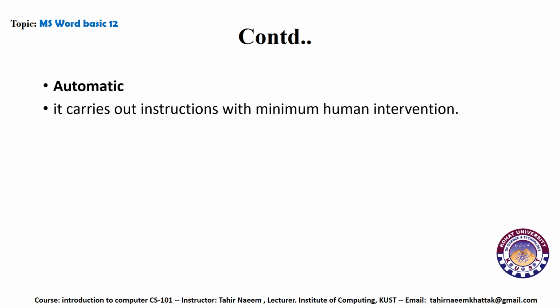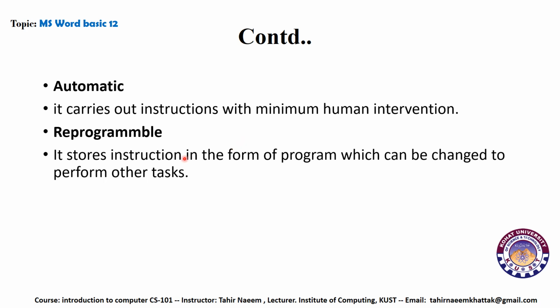Automatic. Automatic means that it carries out instructions with minimum human intervention, because it performs its function without the need of human intervention. This is called automatic. Reprogrammable. It stores instructions in the form of a program which can be changed to perform other tasks.